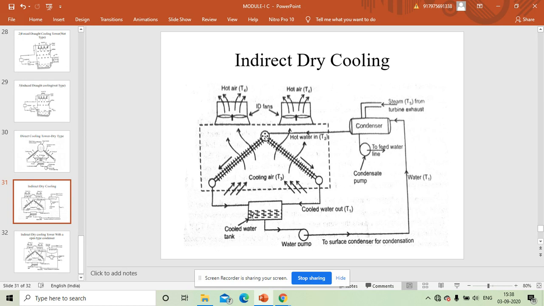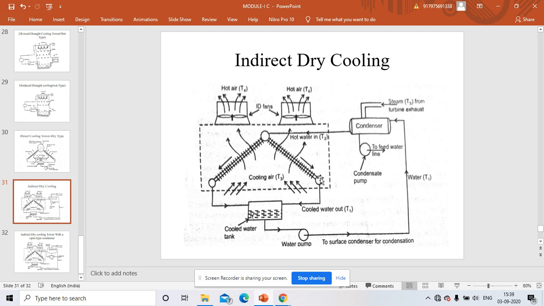It is supplied here, and it will pass through the condenser tube with the fins. Here we are using induced fans at this point, which will draw the air through this system. So like that, the cooling of water takes place.